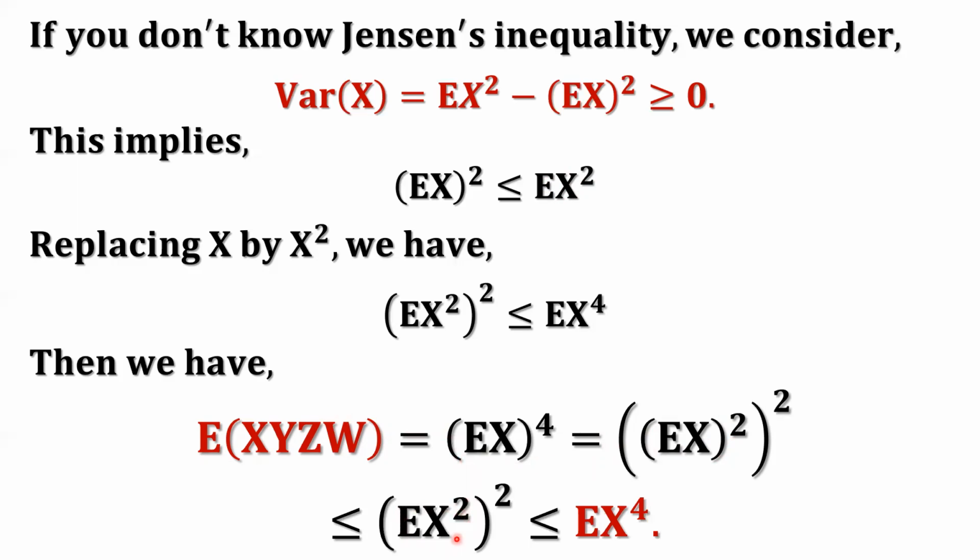Using this formula again, this is less than or equal to E[X⁴]. So we prove the left-hand side is less than or equal to the right-hand side, and this is also less than or equal. So we have done the proof.